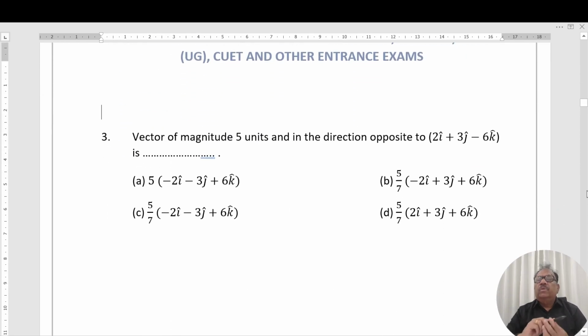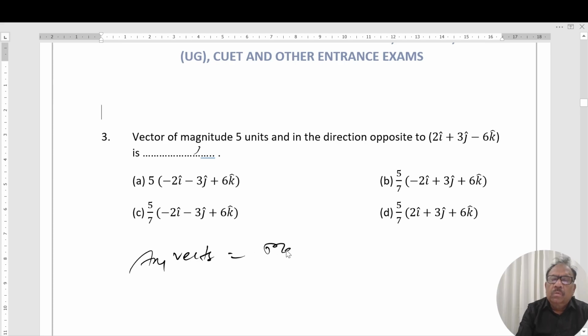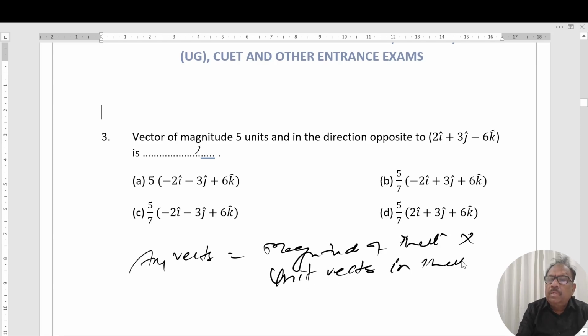Find the vector of magnitude 5 units in the direction of this vector. We know any vector is equal to the magnitude of that vector into the unit vector in that direction.